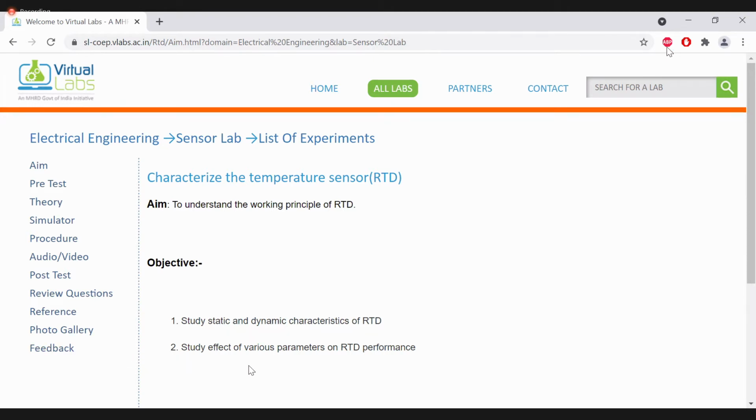With these two, we will understand the RTD performance. Here we have to study static characteristics and dynamic characteristics of the RTD. With that, we will see the performance of RTD and how different parameters are affecting the performance of RTD. This is our aim.